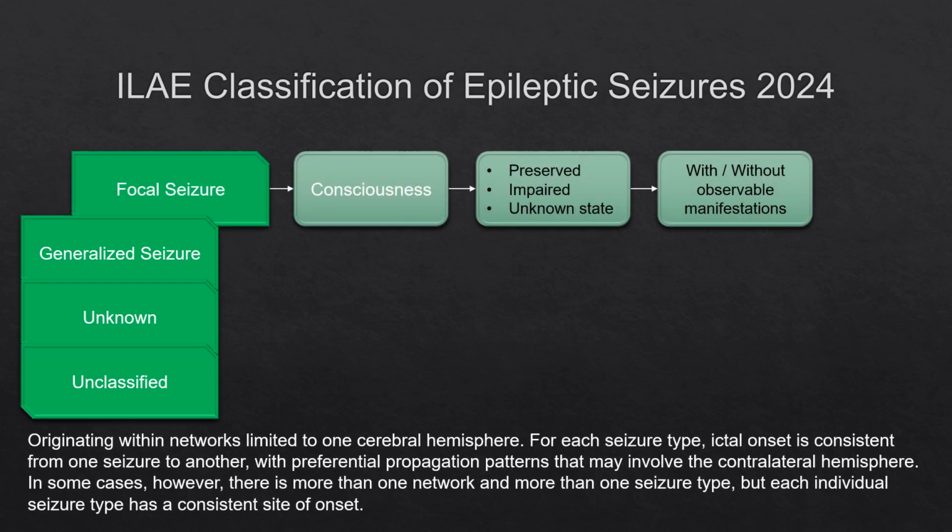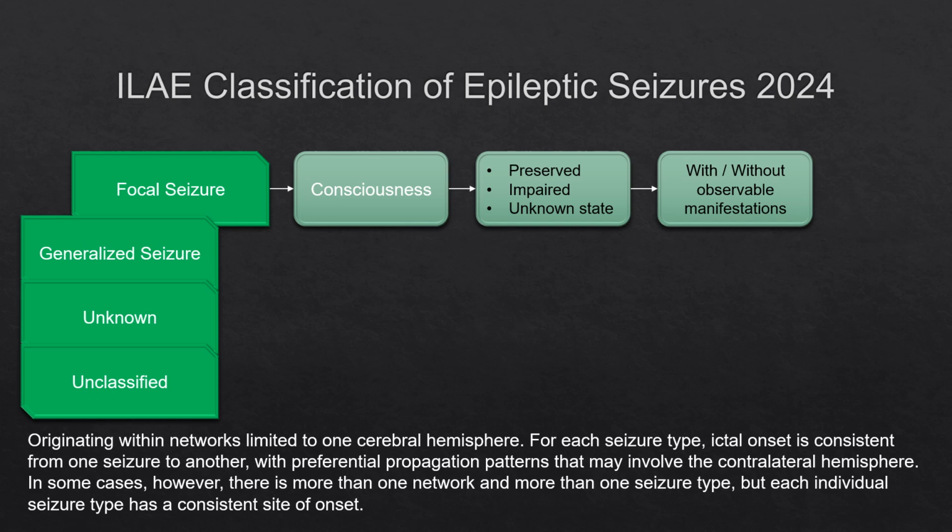Focal means originating within networks limited to one cerebral hemisphere, that we discussed in the first slide itself. For each seizure type, ictal onset is consistent from one seizure to another, with preferential propagation patterns that may involve the contralateral hemisphere. What does it mean? For example, a child has had 3 episodes of seizure in the last 24 hours.